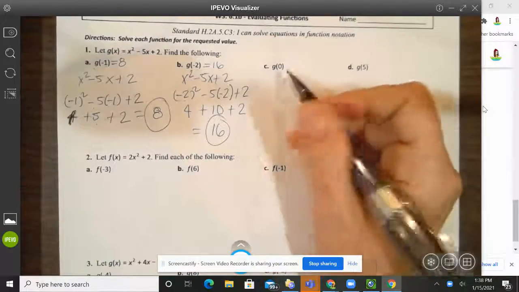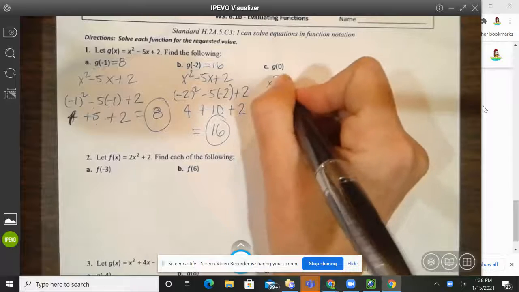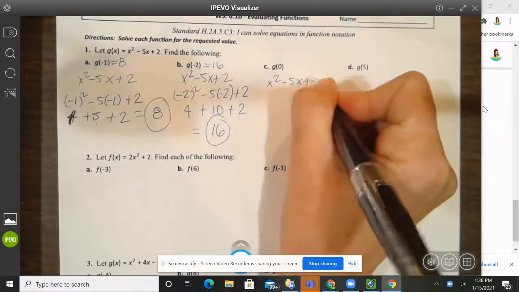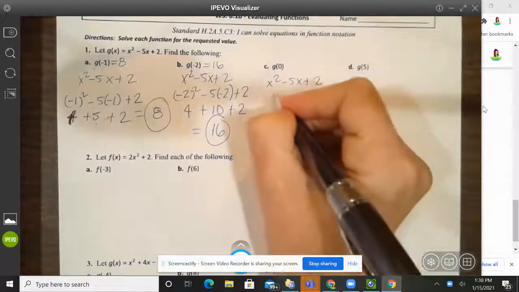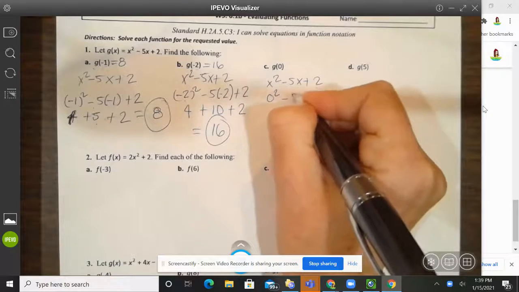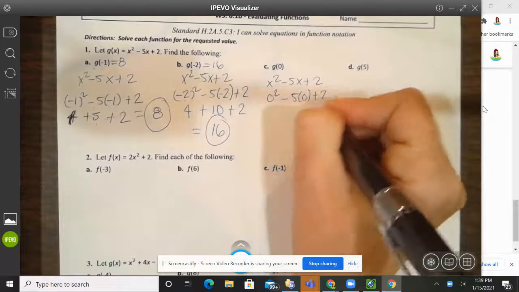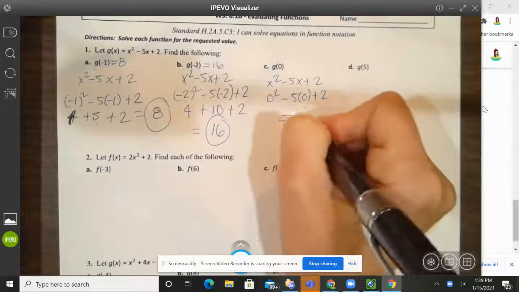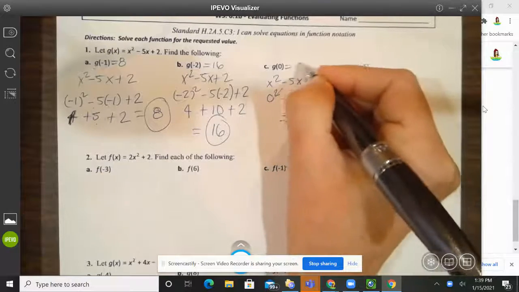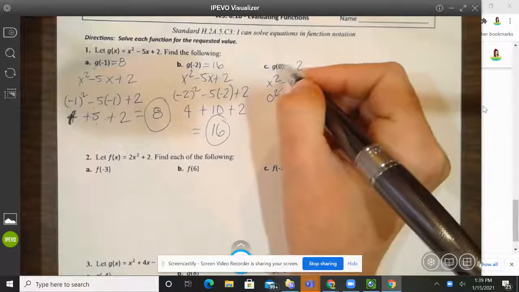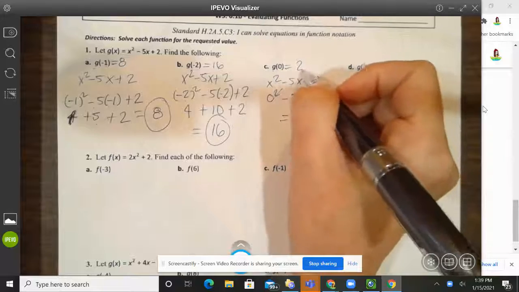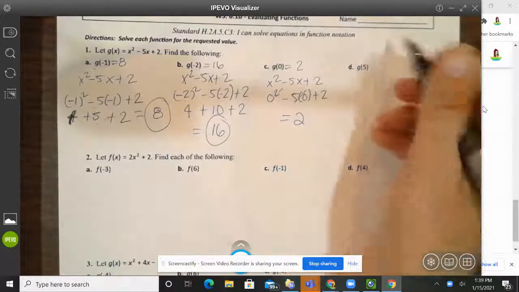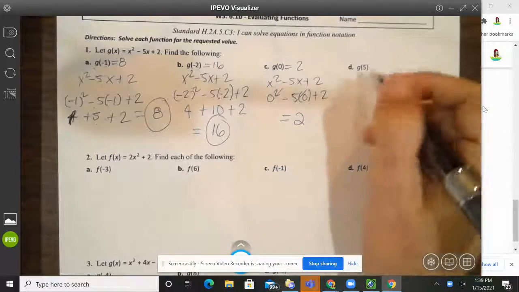Let's try 0. That's x squared minus 5x plus 2, and then substitute x with 0. So that's 0 squared minus 5 times 0 plus 2. I get 2, because that's 0 and that's 0. So g of 0 equals 2. And then same thing for 5.